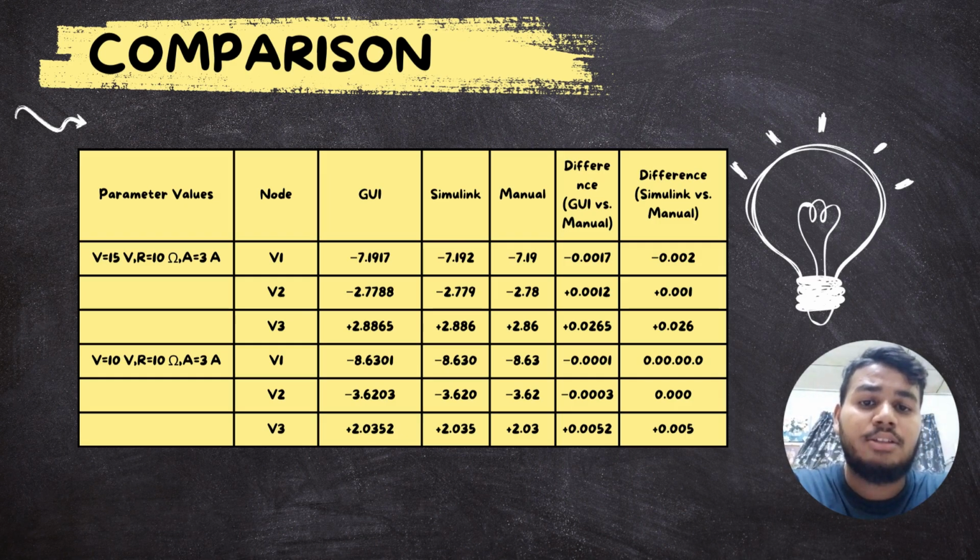There is only a difference at V3, because there is 0.0052 for the GUI versus manual, and the difference for Simulink and manual is 0.05. So the manual calculation, the Simulink and also the GUI method have given the same answer, so the manual calculation should be correct.